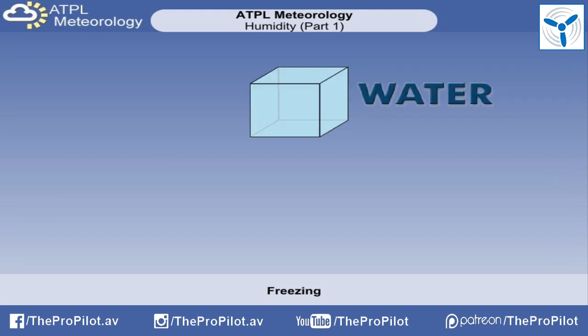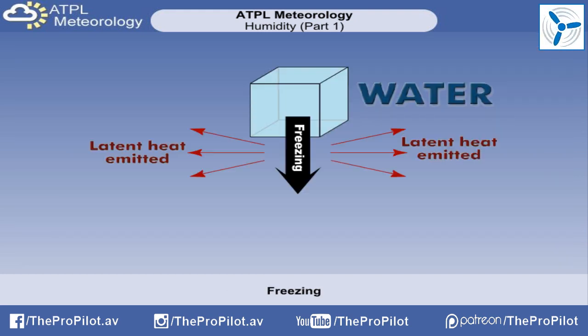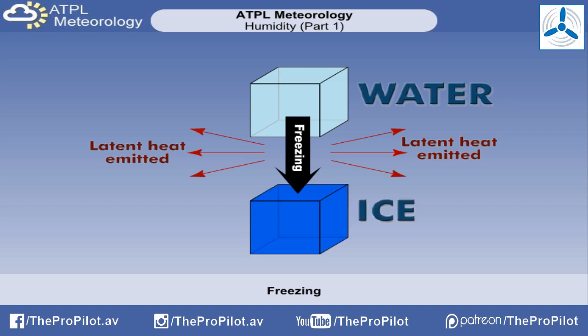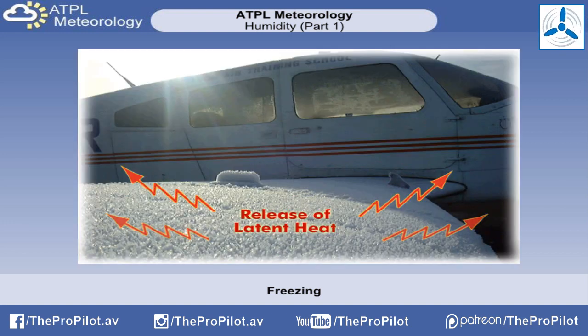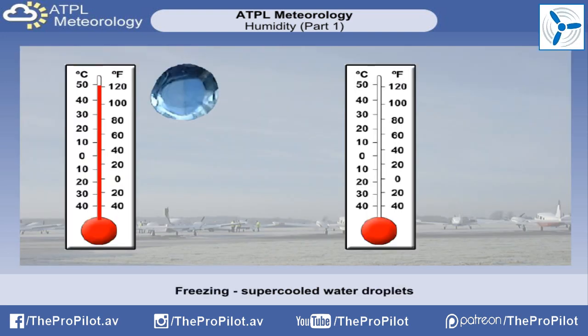When the temperature of water drops below 0 Celsius, it generally begins to freeze, i.e. change from liquid to solid. Remember from earlier in the lesson that this involves the release of latent heat. Here we can see the heat being given up to the surroundings. In a similar manner to condensation, freezing usually requires the presence of particles.